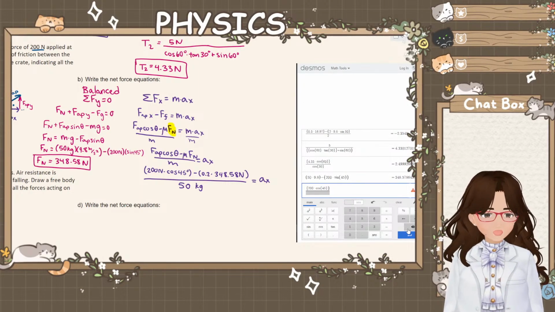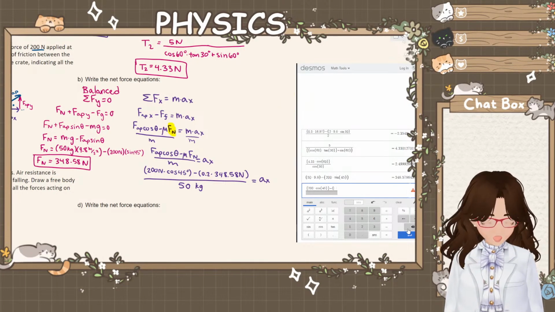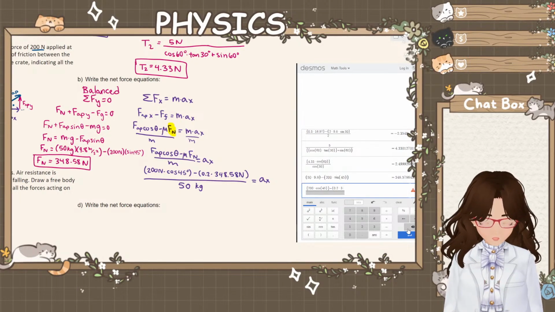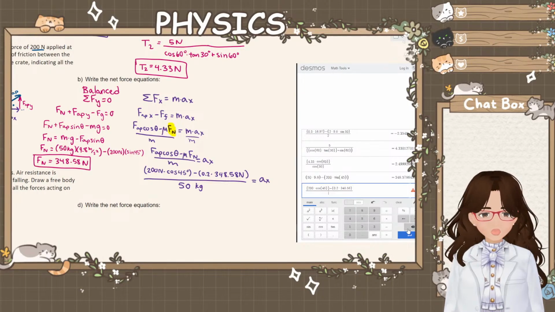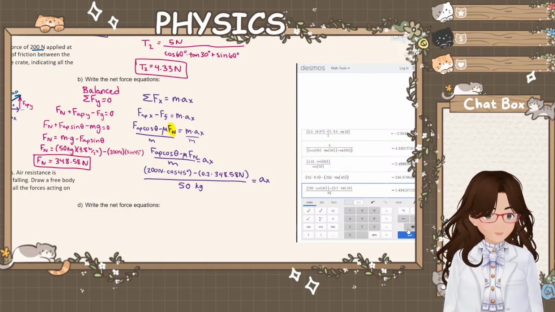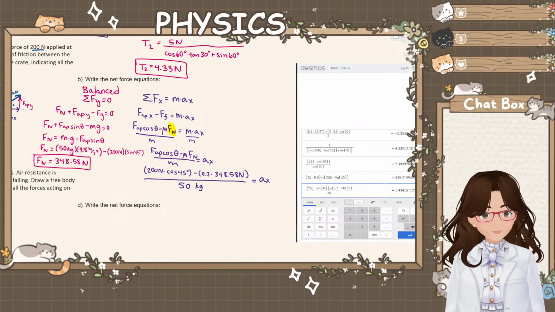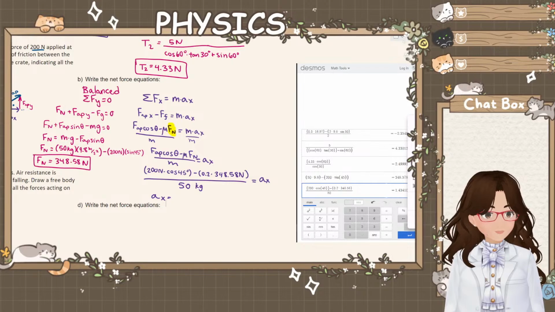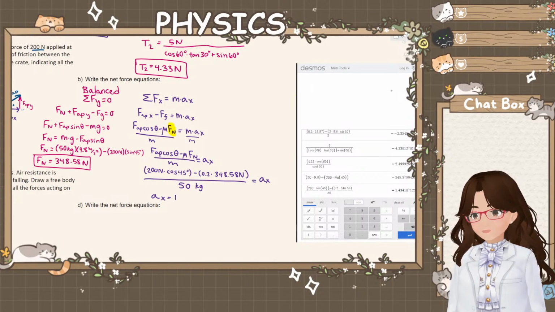And then we're going to subtract our 0.2 times 348.58. And then I'm going to divide that value by 50. And that gives me an acceleration of 1.43 meters per second squared.